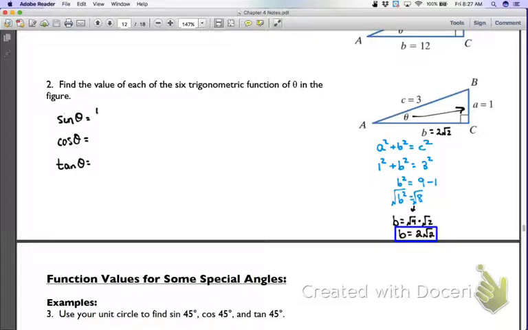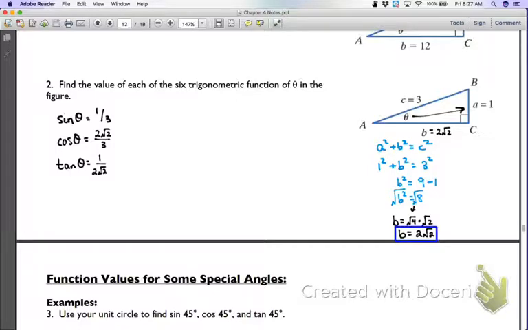Okay, so I'm going to have 1 over 3. Cosine, I'm going to deal with the adjacent side. So 2 square root of 2 all over 3. And then tangent is going to be opposite over adjacent. So I'm going to have 1 over 2 times the square root of 2.